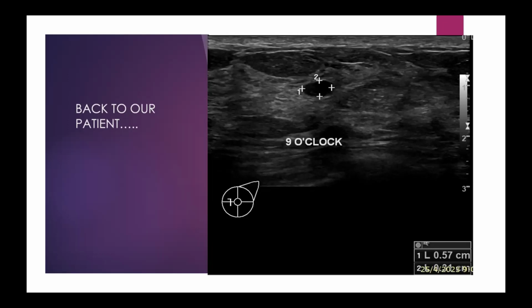What is the subtype that is associated with BRCA1? Triple negative. Medullary, right? Medullary has circumscribed margins, can look exactly like a fibroadenoma.